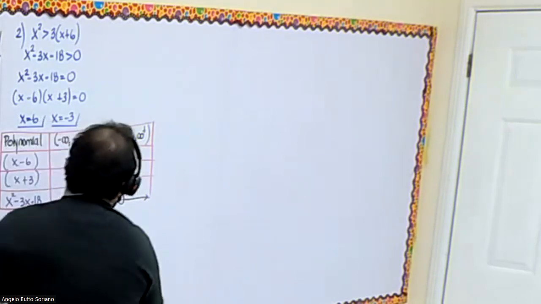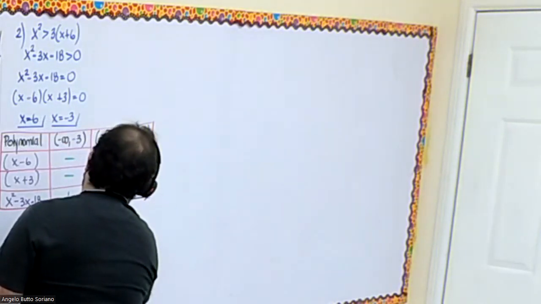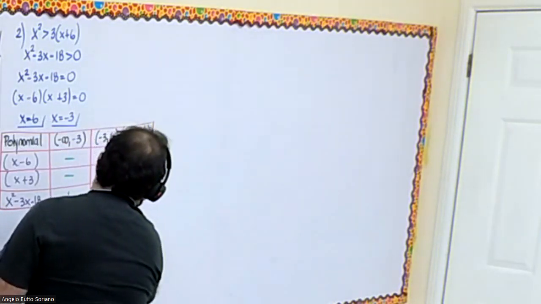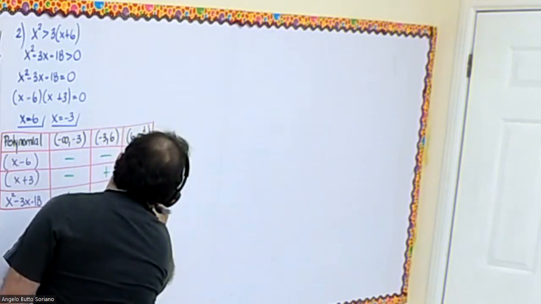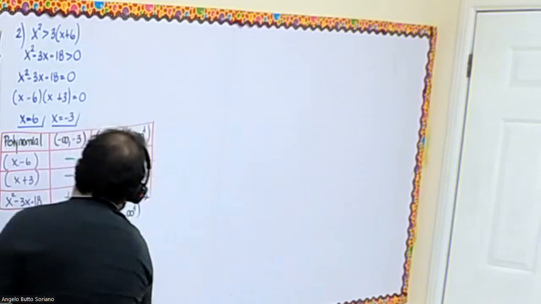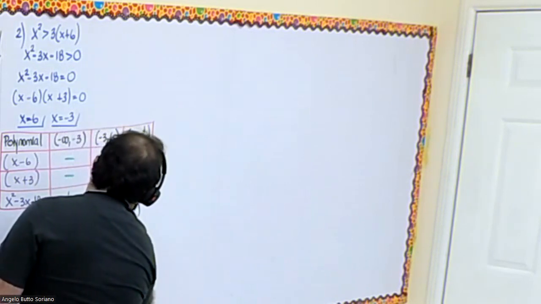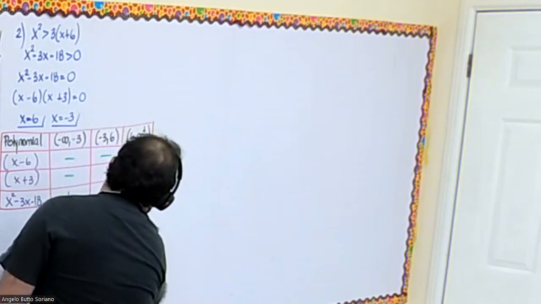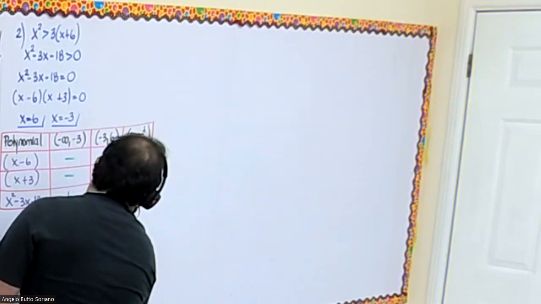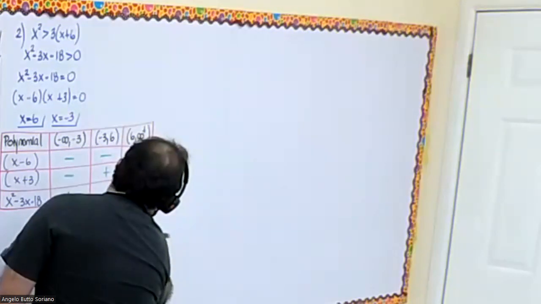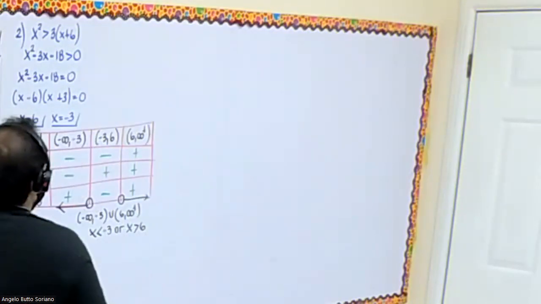And we got negative infinite, comma, negative 3, union 6, comma, infinite positive, or x less than negative 3, or x greater than 6.